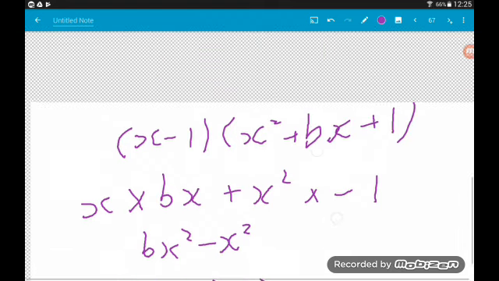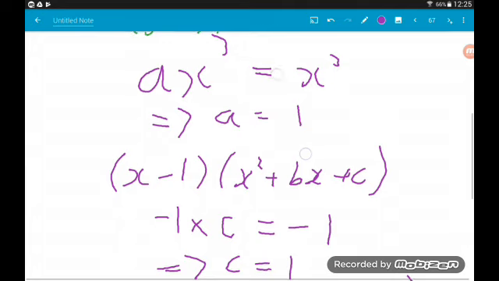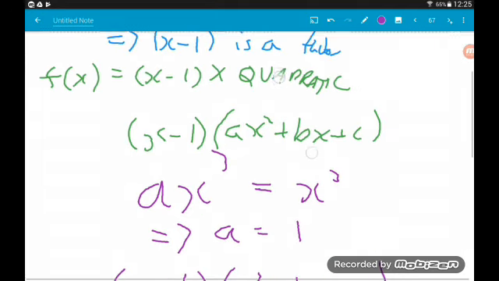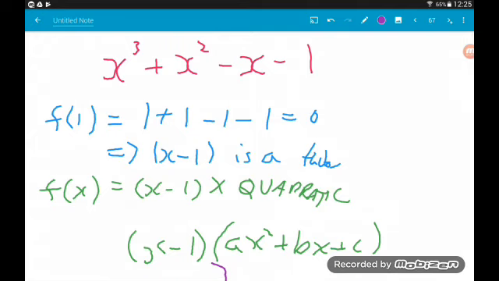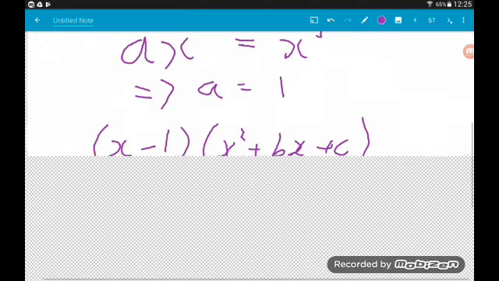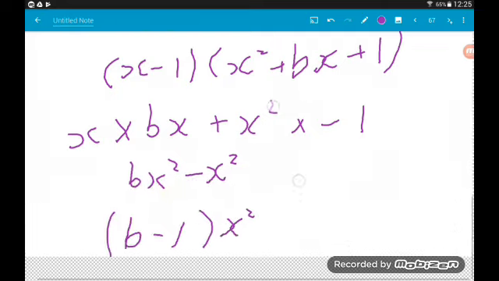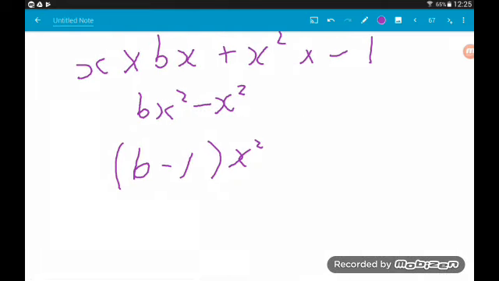Now if we look back at our original cubic to see what x squared term we had, it was a single positive x squared term. So we know b minus 1 x squared has to be x squared. If we divide through by x squared, we get b minus 1 has to be 1.